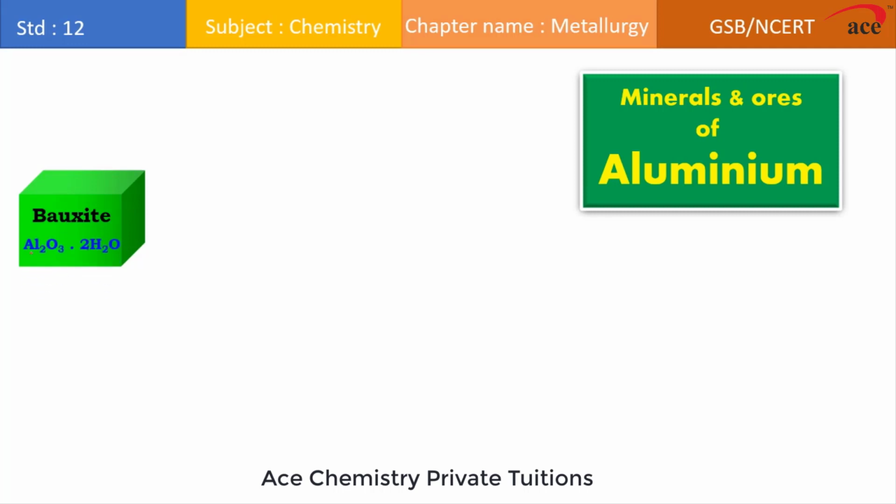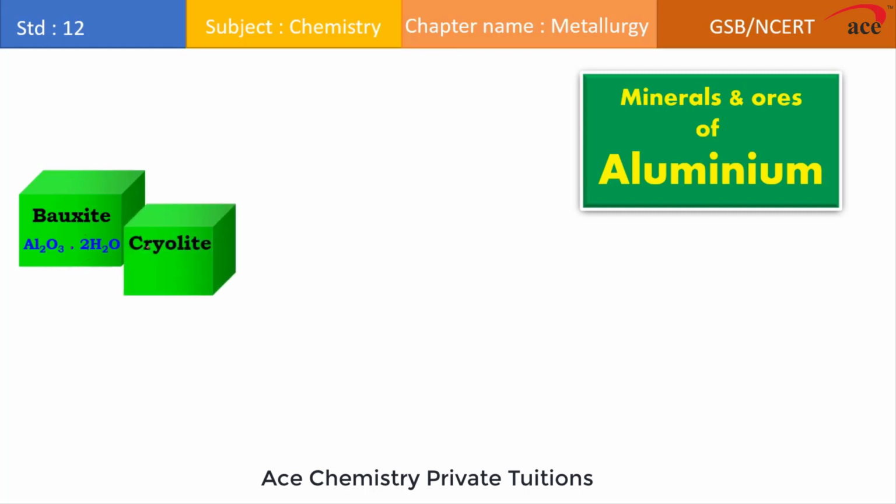Bauxite is written as Al2O3.2H2O. This 2H2O is water of crystallization, and its value is 2. It is called dihydrate. So in MCQs, if they ask the formula of bauxite, you are supposed to write Al2O3.2H2O. Please remember, it is dihydrated.